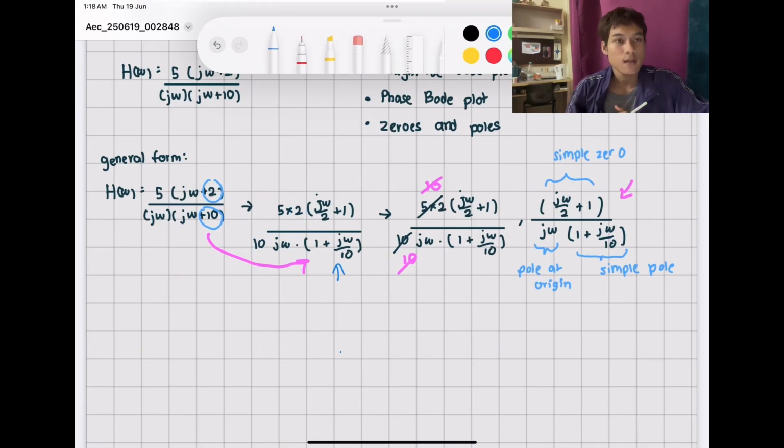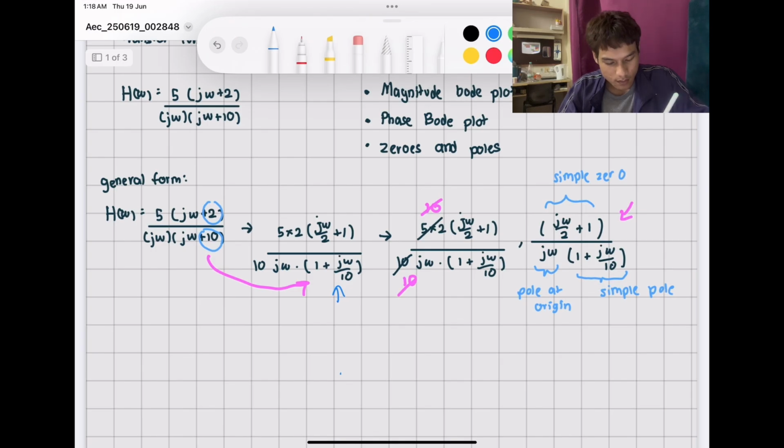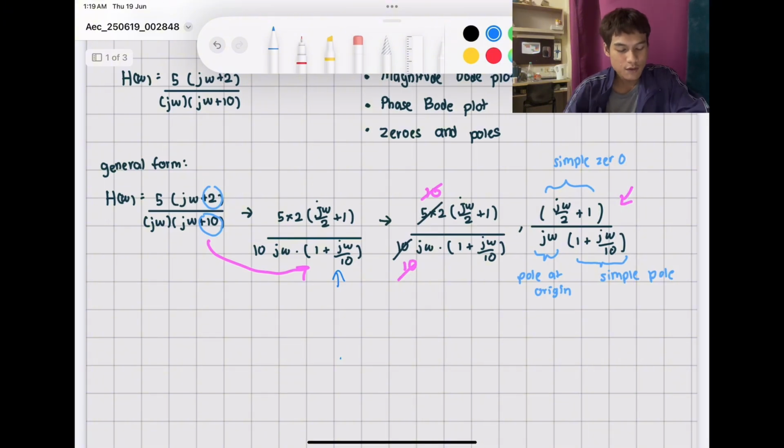For the next step, you can simplify: 5 times 2 gives 10, and you also have 10 at the denominator, so you can simplify it and get 1. The last step is that you will get your general function that can be used for the Bode plot and the phase Bode plot.